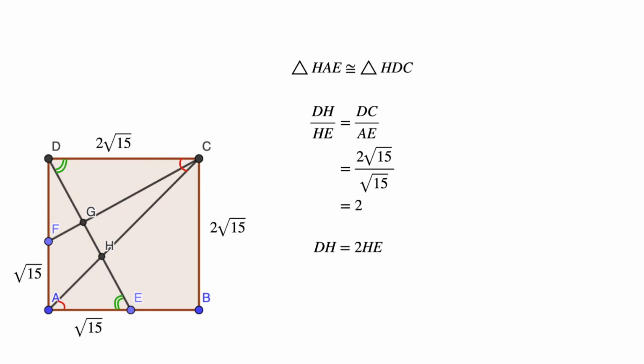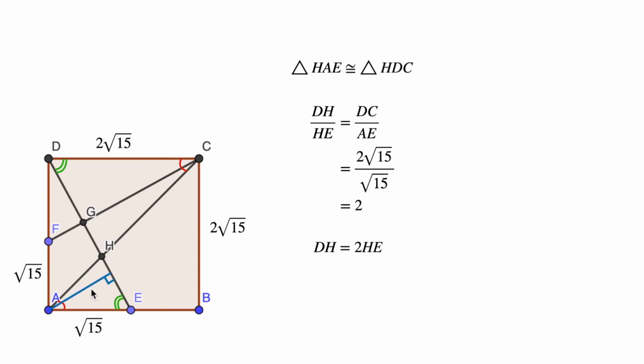It might be a bit confusing as to why this information is useful, but this is where you need a little insight. We already know that the area of DAE can be easily found, and that we're trying to find the area of HAE. And if you could mentally rotate triangle DAE so that the base is this hypotenuse DE instead, then triangles HAE and DAE would have the same altitude.